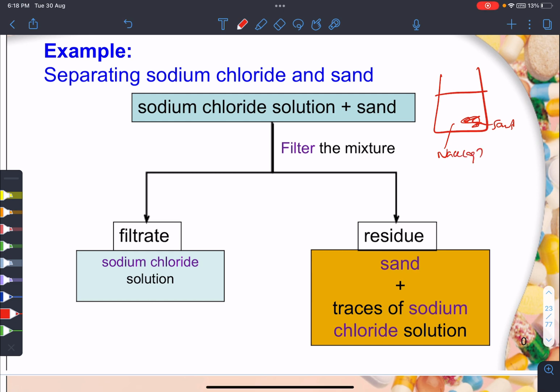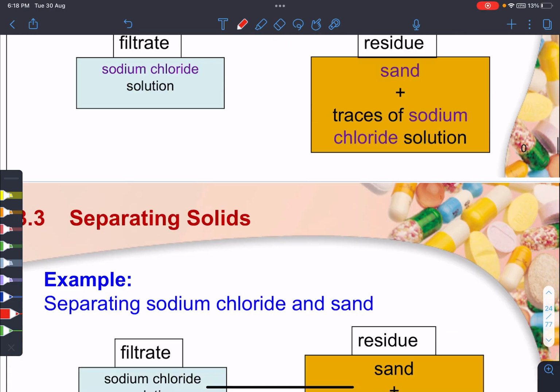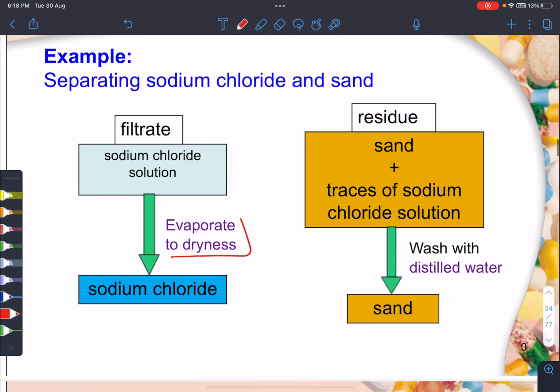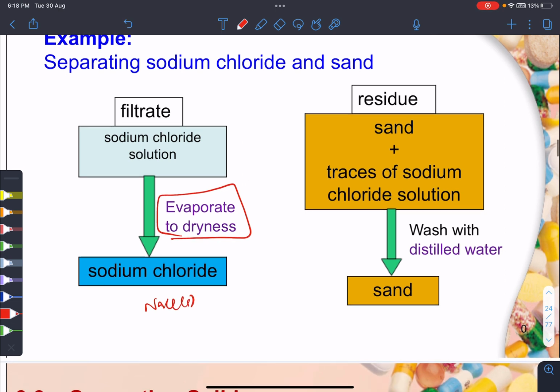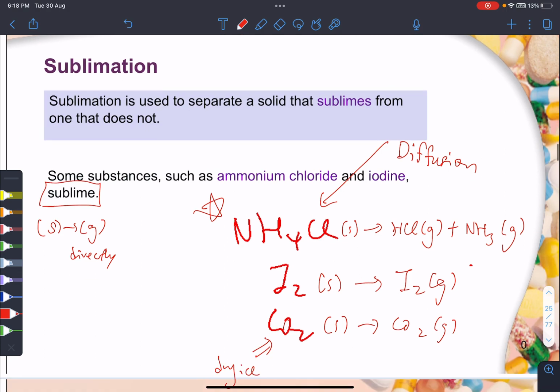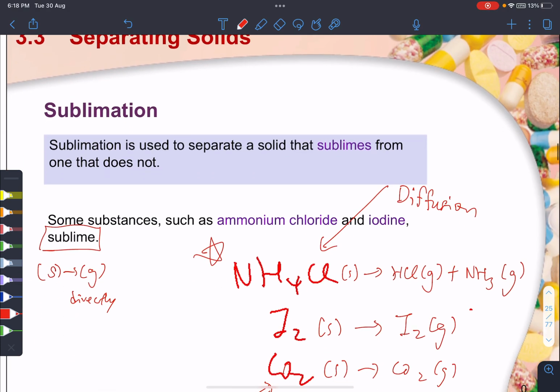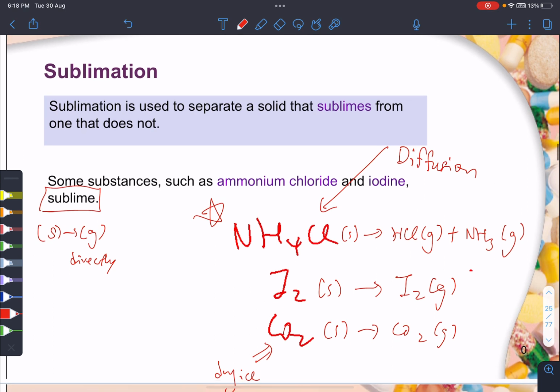You filter it. Then what can you do next? You can evaporate to dryness. So in this case, you get NaCl solid. Then you wash the sand with distilled water, and after that you dry it. That's all. Next.